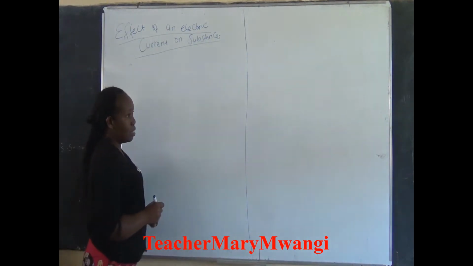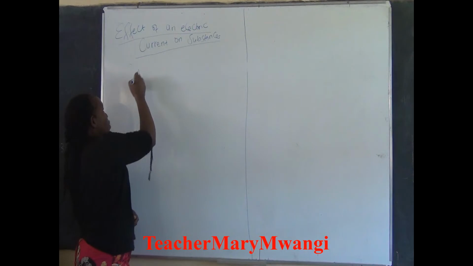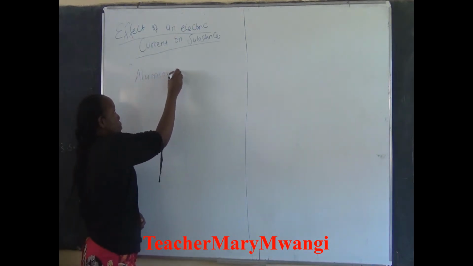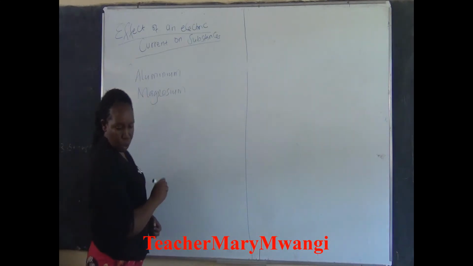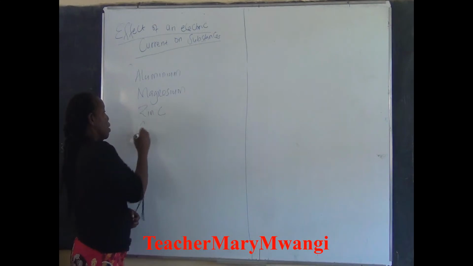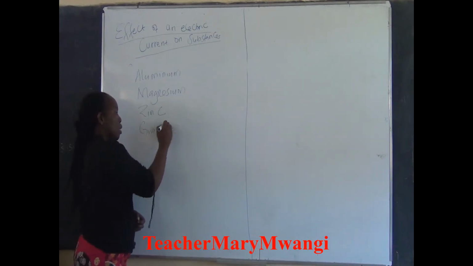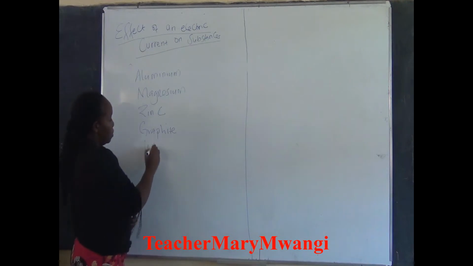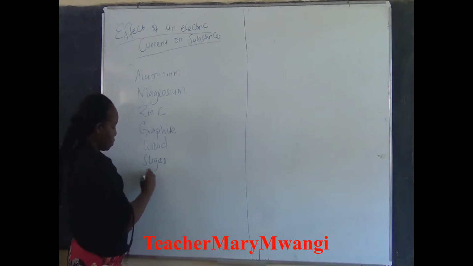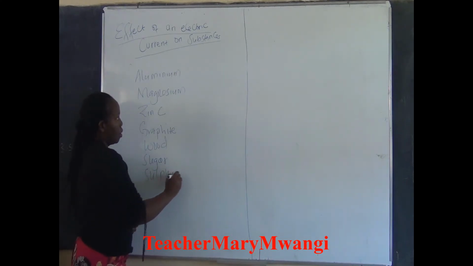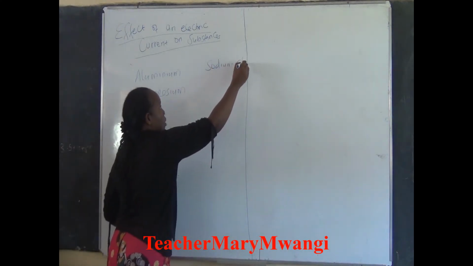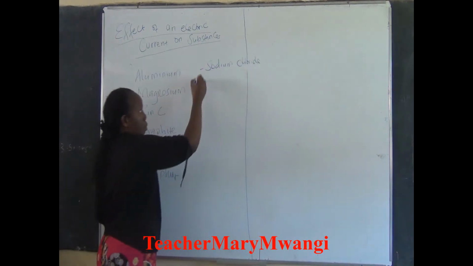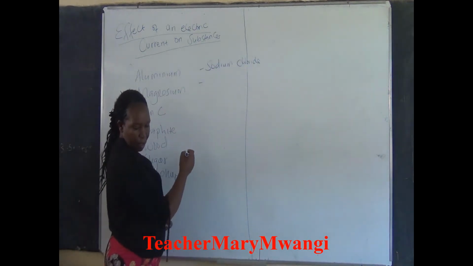We will start with aluminium, magnesium, zinc, graphite, wood, sugar, sulfur, sodium chloride, and lead chloride.